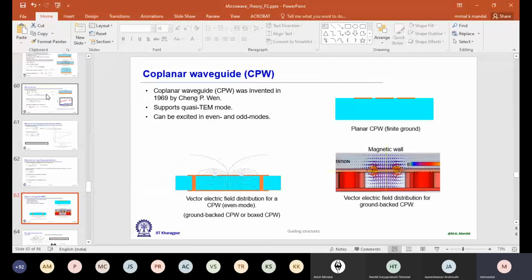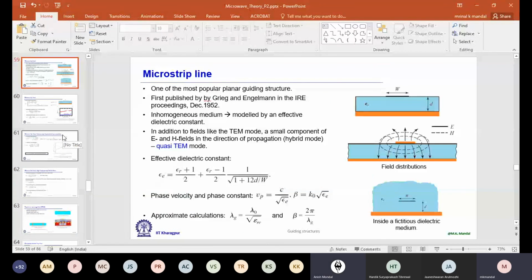Is it clear now? Sir, so the TM mode will interfere with the TEM mode? Yes, exactly. That is the thing, because both have an Ex component. So we try to ignore and not use the TM mode. For the microstrip line, we always use TEM; we don't use TE or TM.